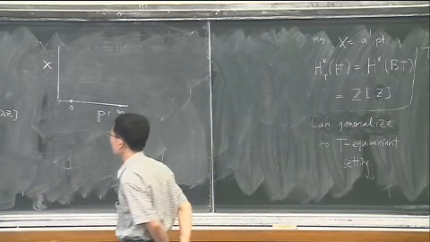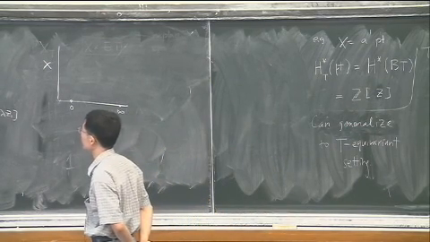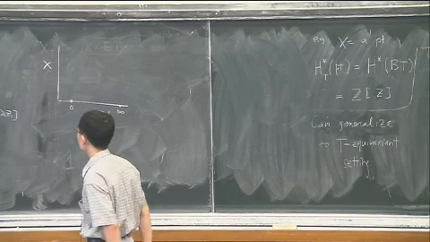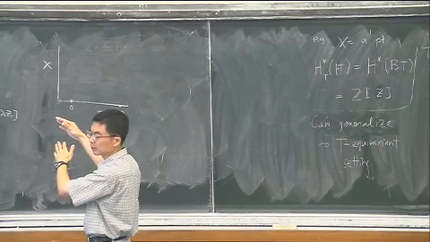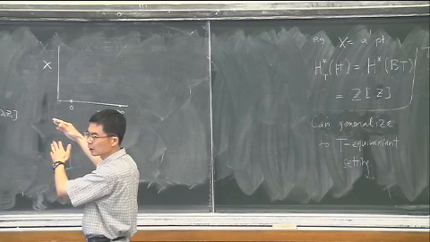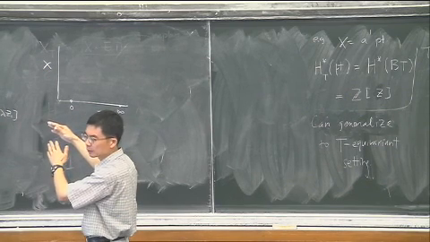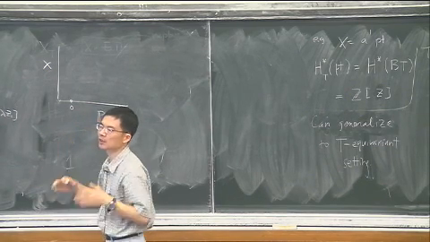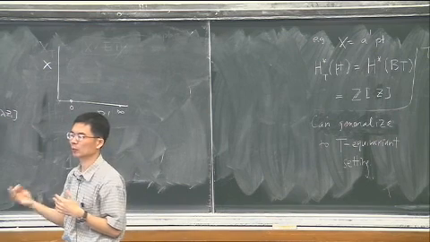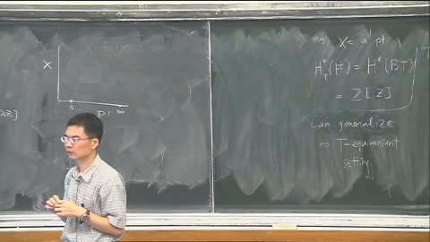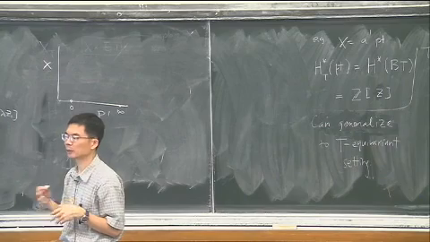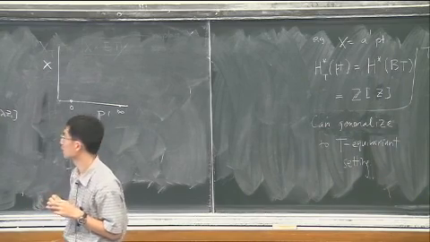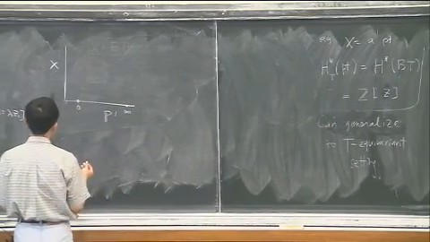So what are the possible fixed loci of this? I take my domain curve and map to this. What could possibly be the fixed map? Remember, a fixed map means it's fixed after reparameterization of the domain curve. So remember, isomorphism is defined allowing the reparameterization of the domain curve. So what are the possible fixed maps?